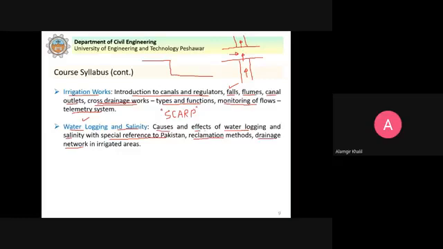The lands which were affected because of the dam, where we store a huge quantity of water and there is seepage, because of this we have these SCARP schemes. So we will study them in detail, and what we did in these projects to deal with these problems of waterlogging and salinity.